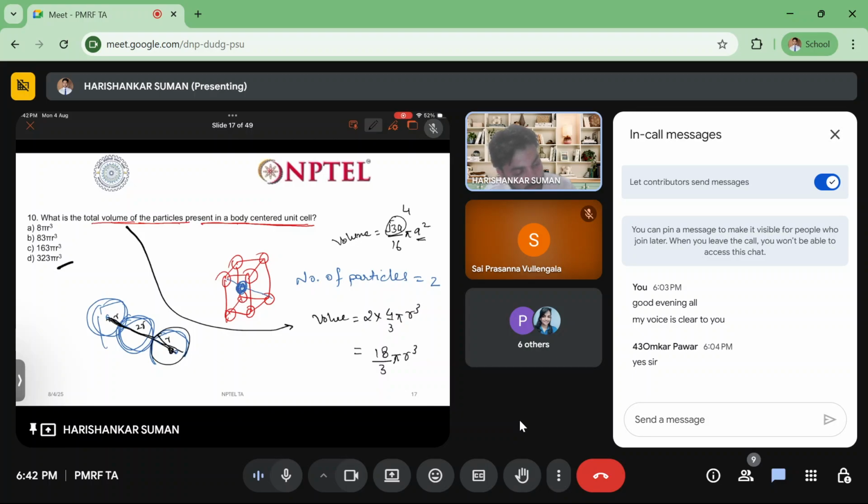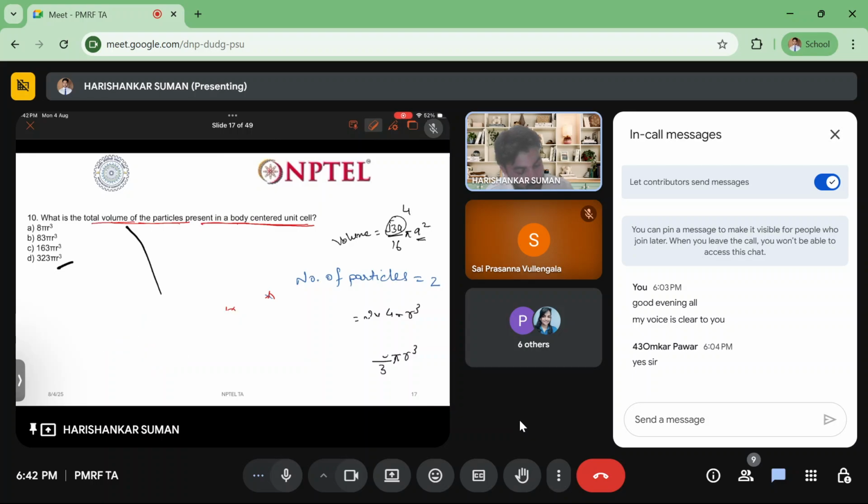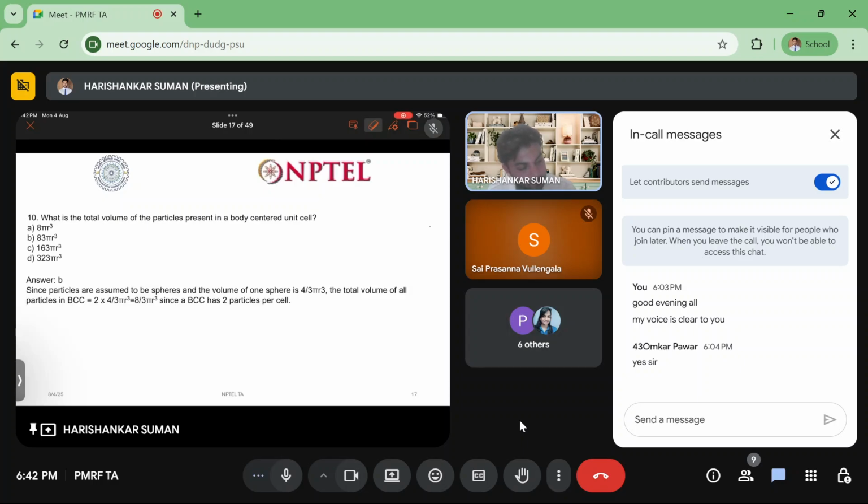Let me find out, give me 1 minute. So as I discussed, volume of one sphere is 4 by 3 pi r cube.